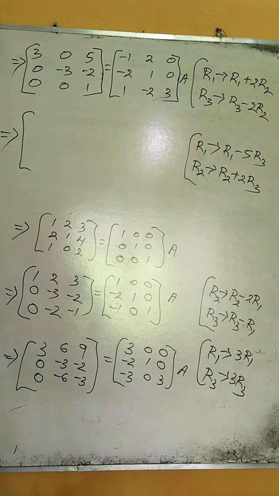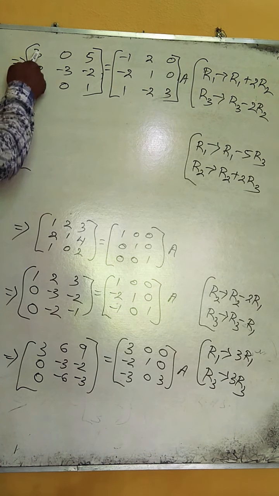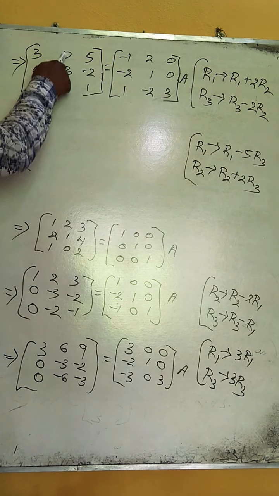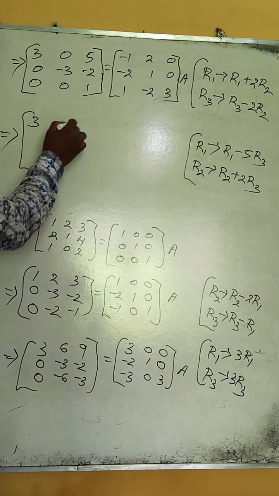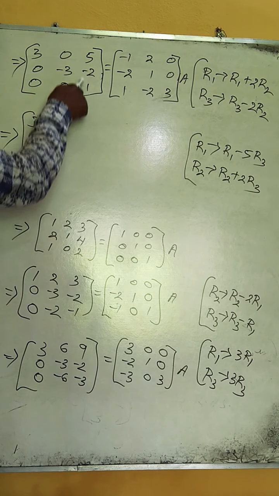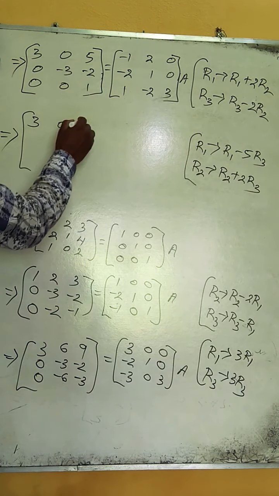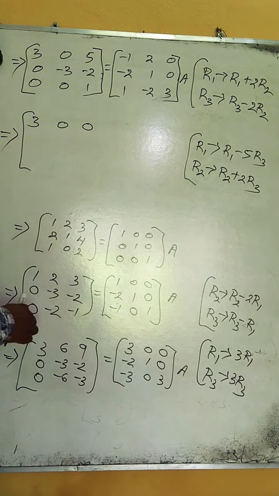So here 3 minus 0 is 3, 0 minus 0 is 0, 5 minus 5 is 0.